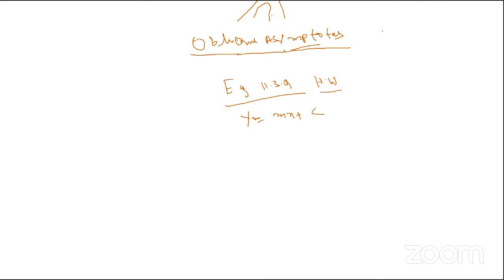So, the perpendicular distance here. Suppose the oblique asymptote is y equal to mx plus c, which means m is not equal to 0.